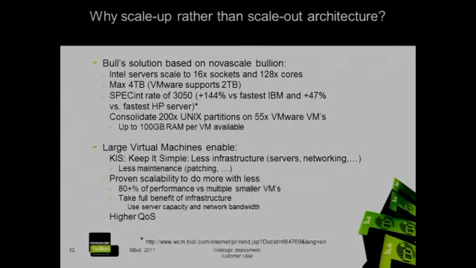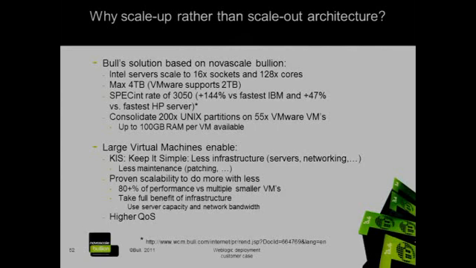You keep a simple infrastructure and therefore less maintenance, less patching, and fewer servers to maintain. We still have a significant increase in very good quality of servers, so we expect that this is a very good alternative to traditional scale-out architectures.